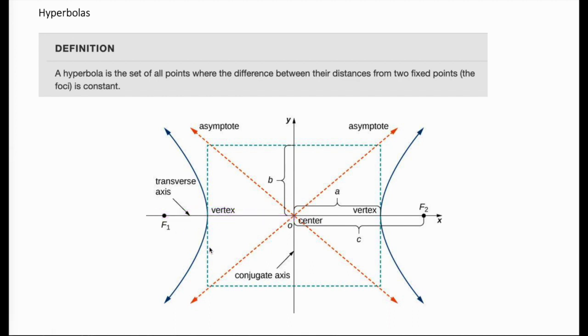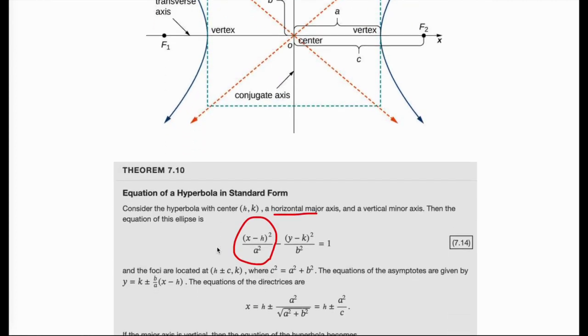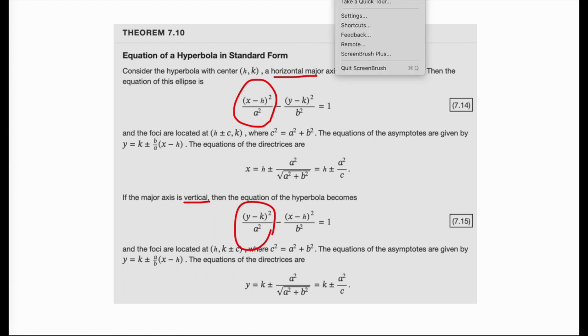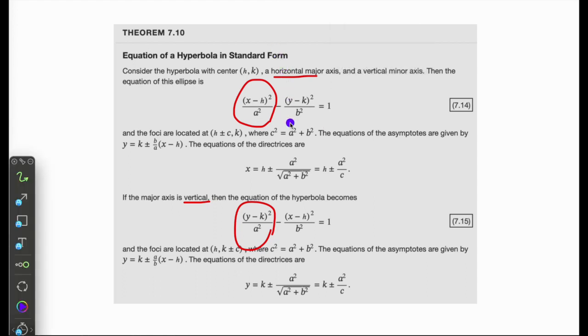All right, so let's go down and look at what the equations look like in standard form. Notice this looks very similar to an ellipse. The difference is that we have a minus here instead of a plus. Because there's a minus here, the order in which we write the terms matters. With the ellipse, we usually write the x squared term first, but we don't have to because it's addition.